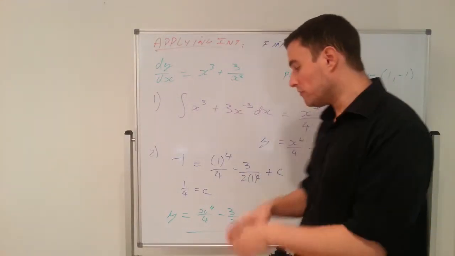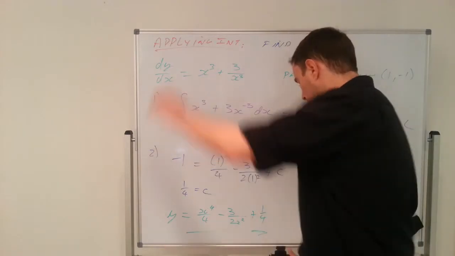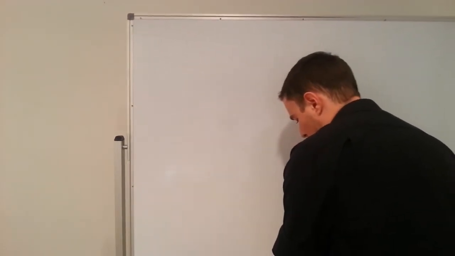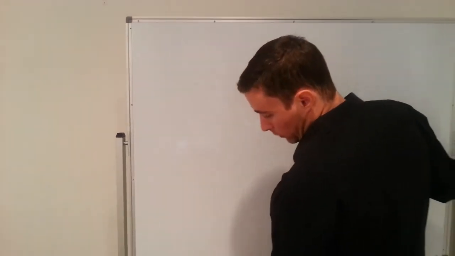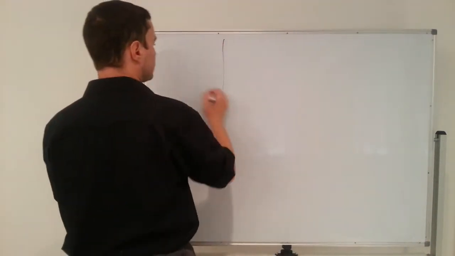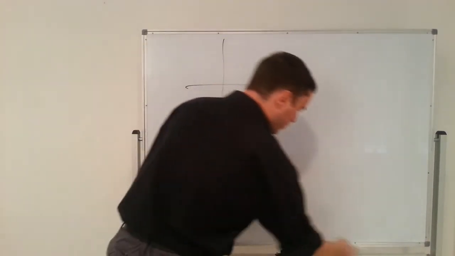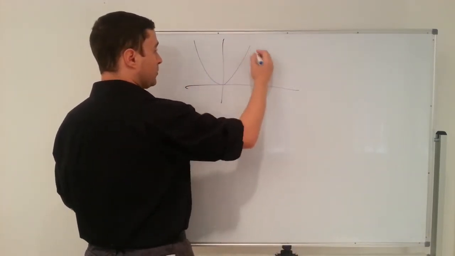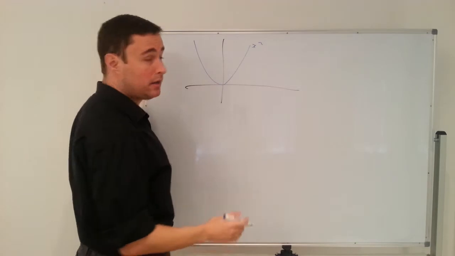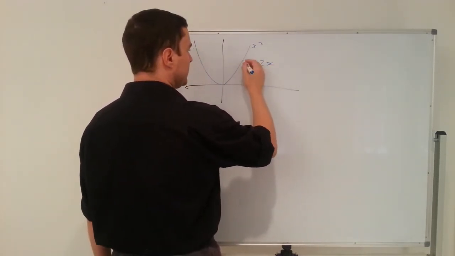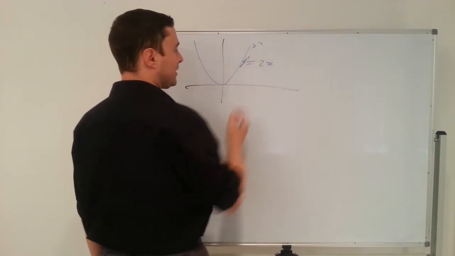Very briefly, the reason why you have to find that exact number is because when you differentiate, all of those c's disappear. That's a very good thing to quickly look at with a quadratic. If I had x squared, the derivative of this, y dash, is 2x.